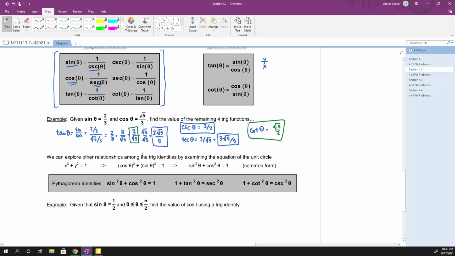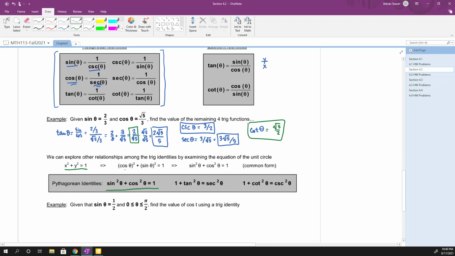There's a couple others here that we'll talk about a lot in the next chapter in particular. These are considered Pythagorean identities. If you go back, our definition was x squared plus y squared equals 1. Well, x is cosine of theta and y is sine of theta, so I can replace each of those.